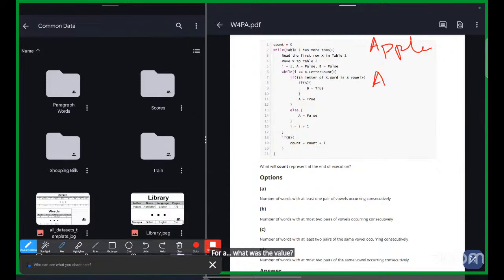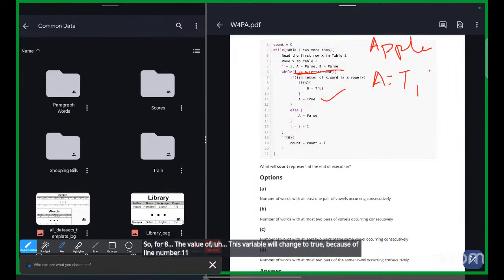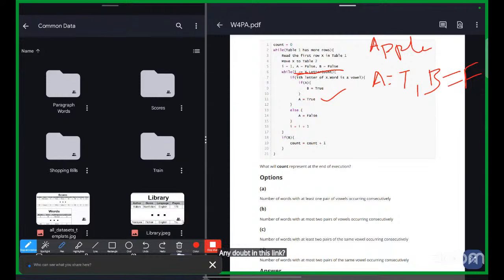The initial values were A is equal to false, B is equal to false. So for A, the value of this variable will change to true because of line number 11, and the value of B will remain false. Any doubt in this line? Okay, I hope not.